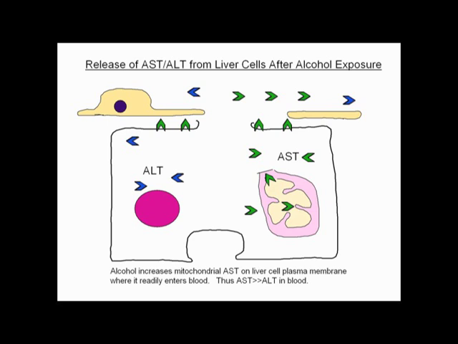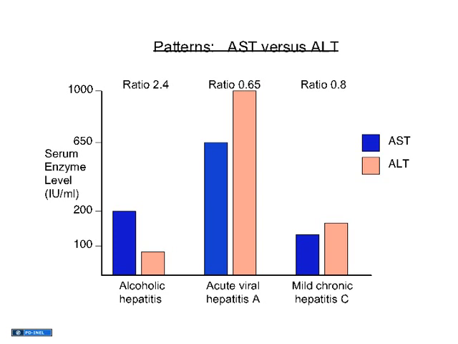And so the ratio between AST to ALT is shifted. Normally, when you have liver cell injury, you get a little more ALT than AST. In alcoholics who are pyridoxal 5-phosphate deficient, you get the inverse ratio.